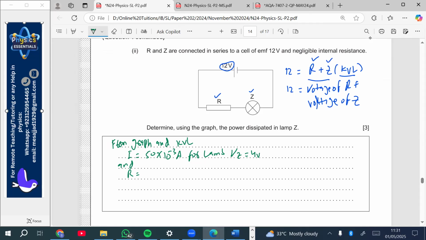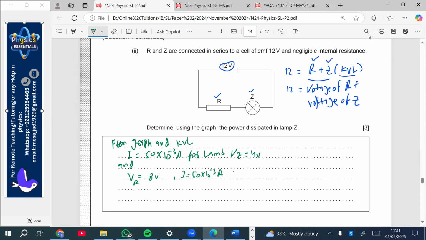So V for R is 8 volts from the graph. Okay, and both have the same current, I.